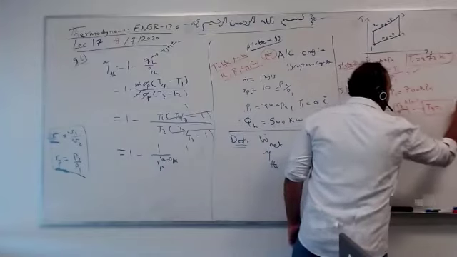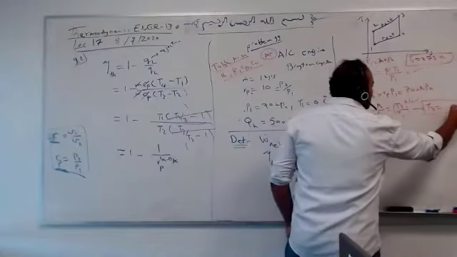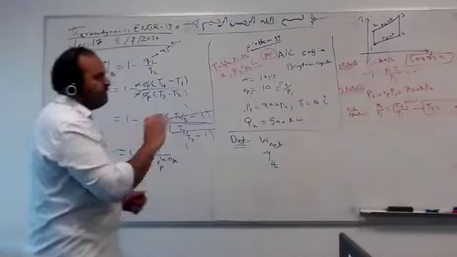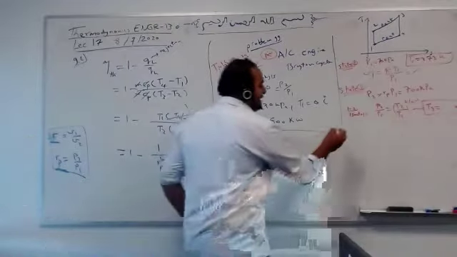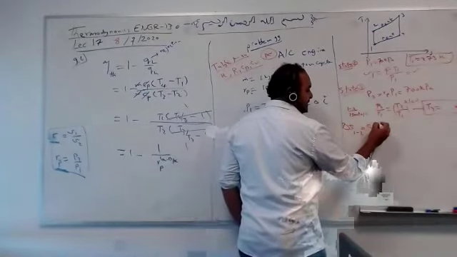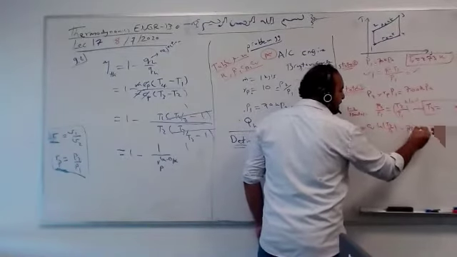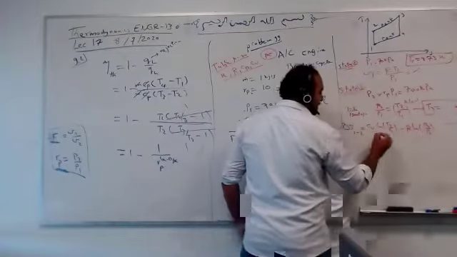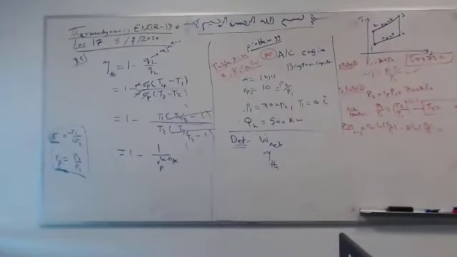Once you get T2, everything is done, because you have T1 in Kelvin, P2 and P1. State 2 is completed. You can know everything about state 2: V2, delta H, delta U, and delta S, which is of course 0. For example, if you substitute the temperature and pressure into delta S from 1 to 2, which is Cp ln T2 over T1 minus R ln P2 over P1, what do you expect?